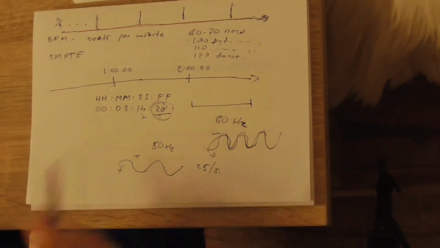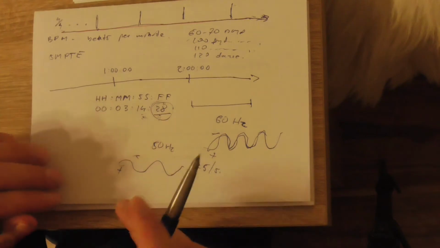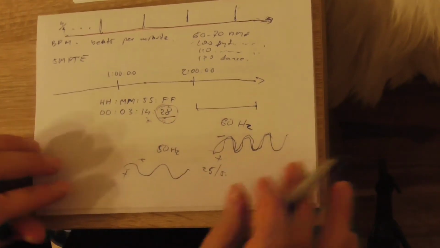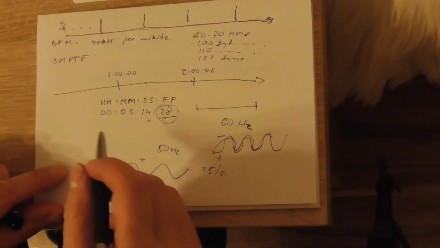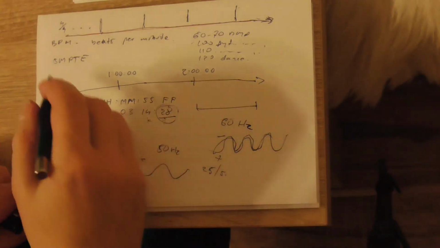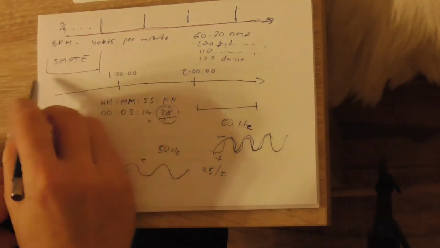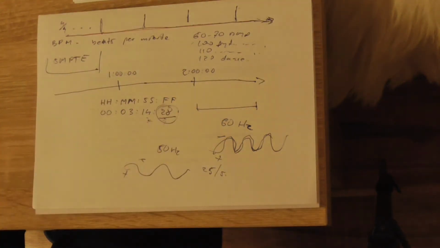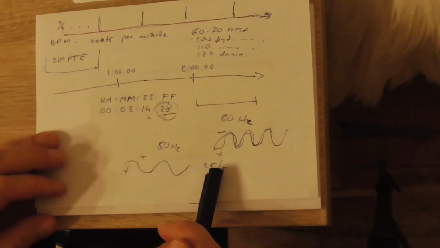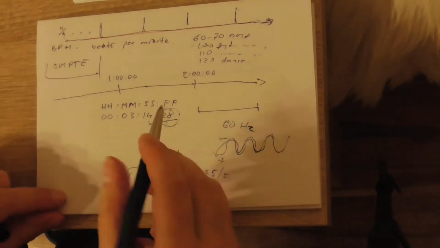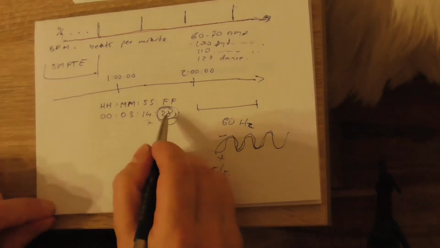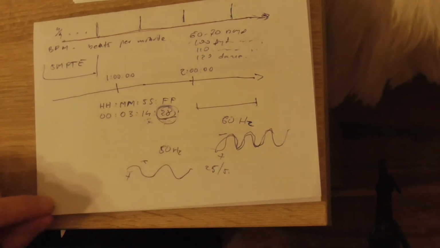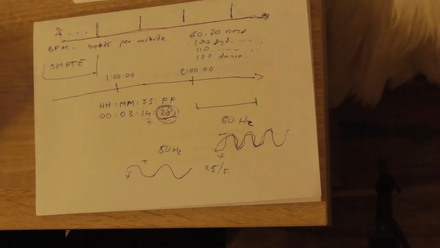It's connected with video, but I don't want to go deeper because it's another topic. If you want, you can find out on Wikipedia what this SMPTE code is and what it's for. But for our purposes, we need to know that 30 frames is one second.